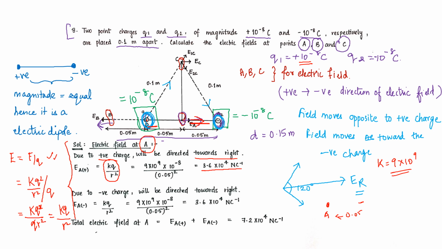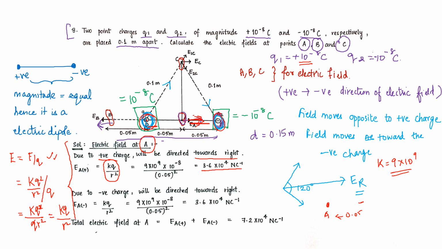Now due to the negative charge, it will be directed towards the right. First, because of this positive charge, the field at A is directed to this side. Now due to this negative charge also there will be an effect.